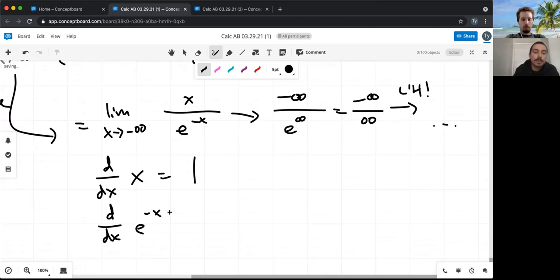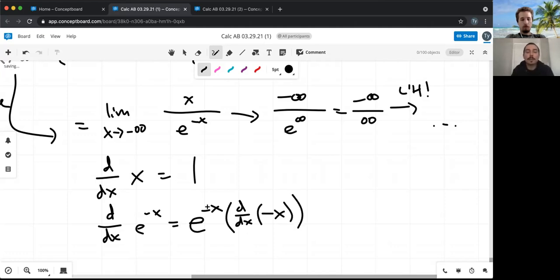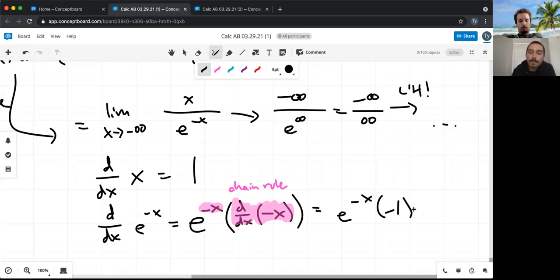The derivative of e to the negative x with respect to x is this term times, from chain rule, the derivative of negative x, which is -1. So we have negative e to the negative x.